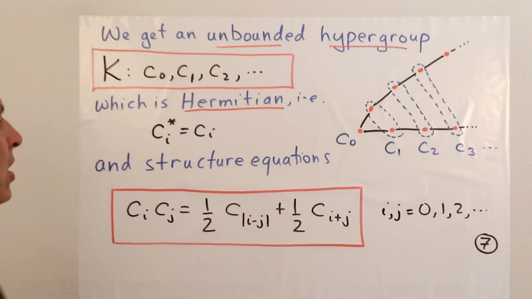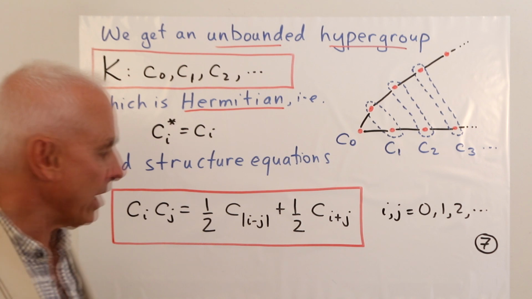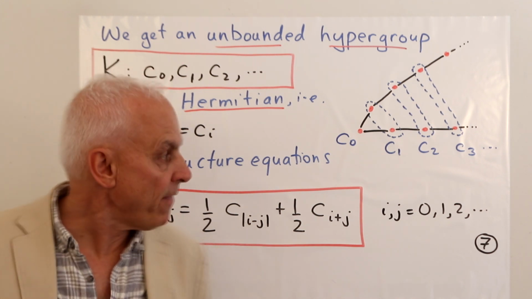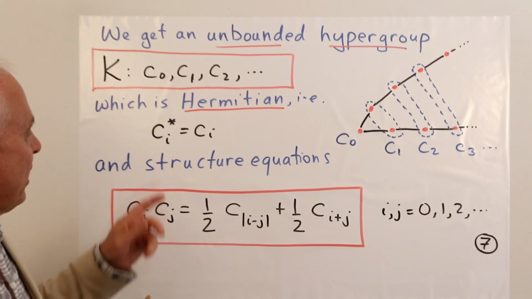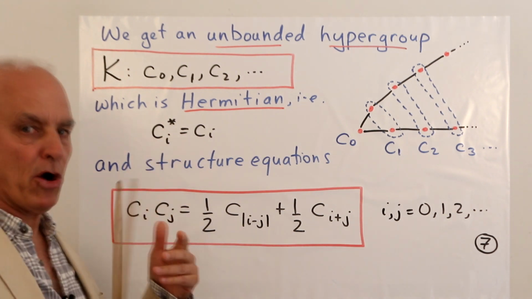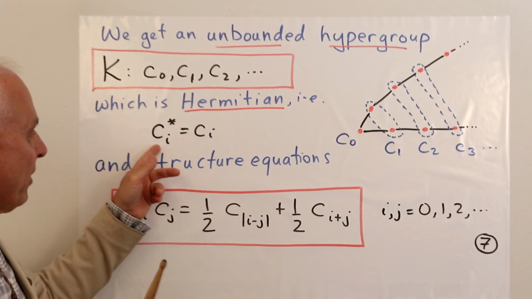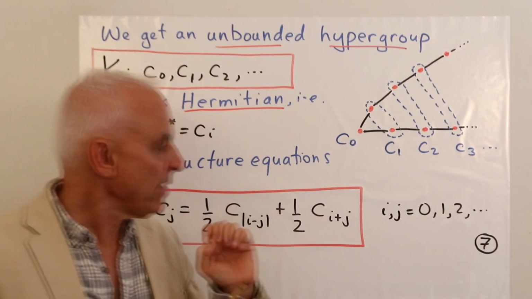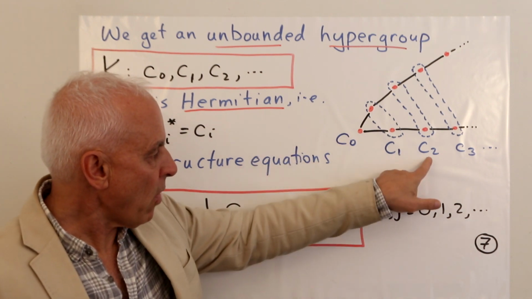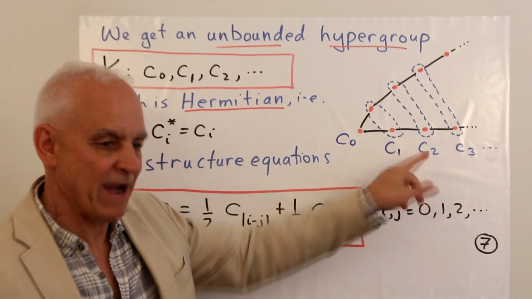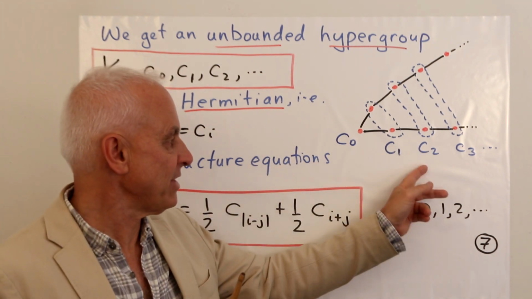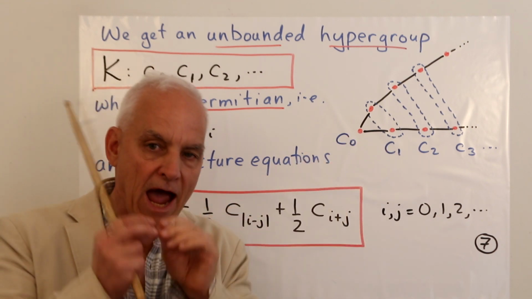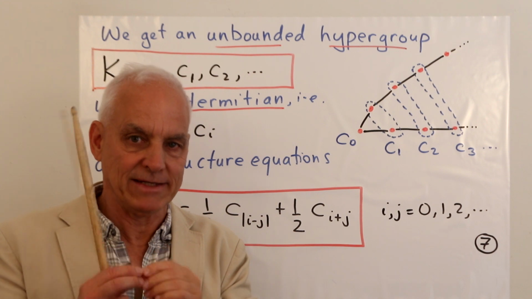So nice. Okay, so this hypergroup that we're getting here is called Hermitian. It's an example of a Hermitian hypergroup, and that means that the star, or the antiparticle, if you like, of any of the elements is itself. And I remind you that means that, say, if we want to multiply C2 by something in order to get a non-zero probability of getting C0, then we have to multiply C2 by C2.